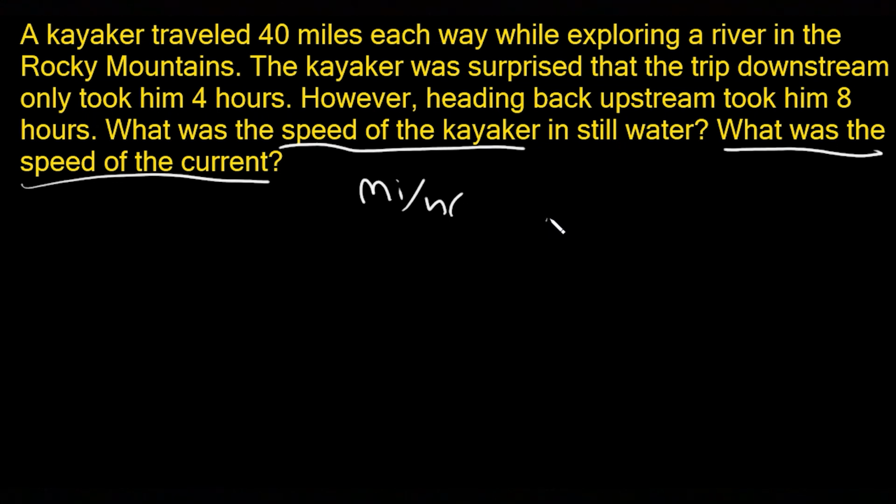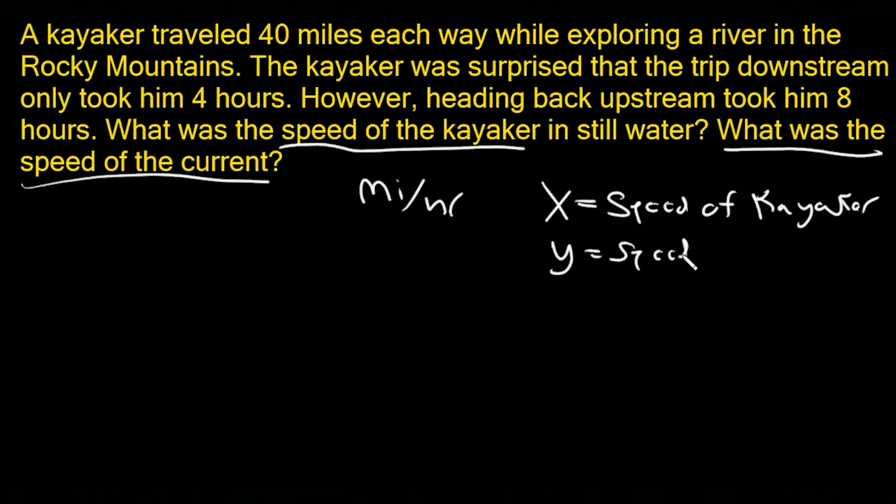So for example, I'm going to say here x is equal to speed of kayaker, and then y will be speed of current. And hopefully you can read that, right? So x and y is what we're looking for. X will be speed of kayaker and y will be speed of current.